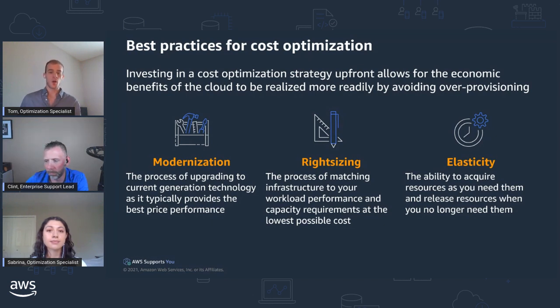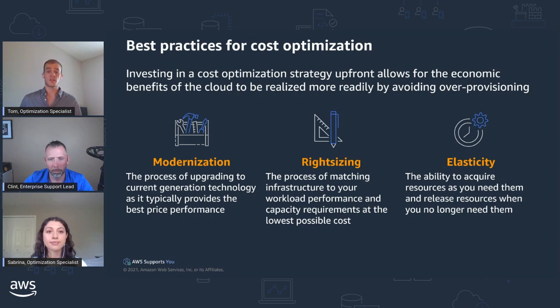Modernization is the process of upgrading to current generation technology, as it is not only faster, but also cheaper. Rightsizing is the process of matching infrastructure with the performance and capacity requirements of its underlying workloads. And elasticity is the ability to acquire and release resources based on need.